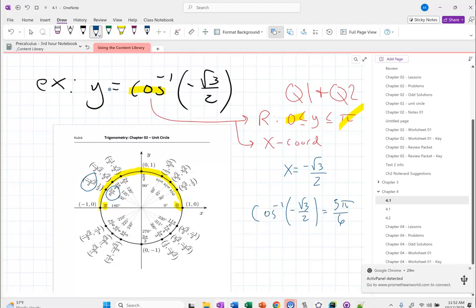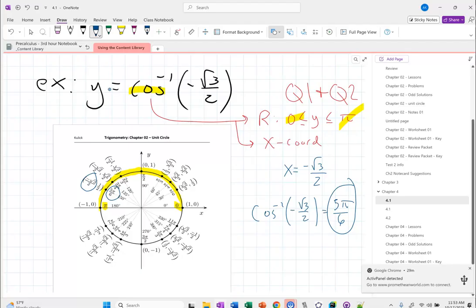So if the top one is less than the bottom one, it's less. Like 1/2 is 0.5, 3/4 is 0.75, but 5/4 is 1.25, right? Got it? So this guy is our final answer. We don't have to do anything to modify. Oh, that's nice.